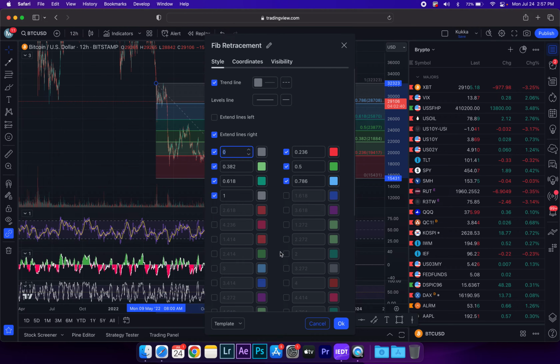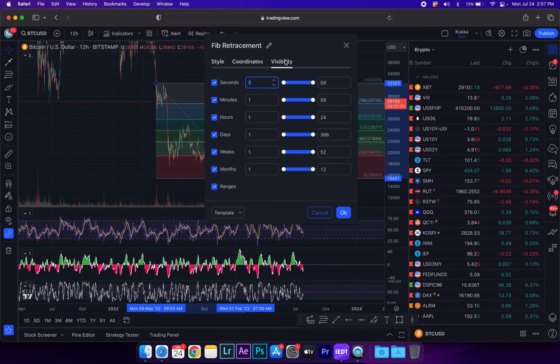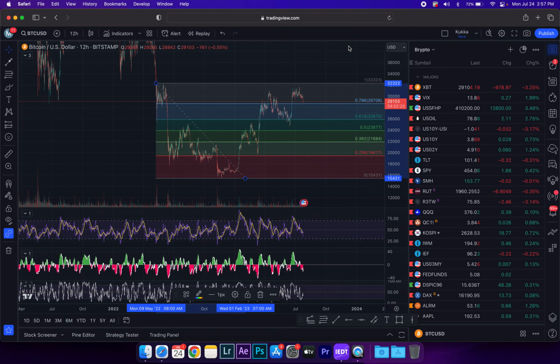I'm sure you've taken the picture for now. After that, take this one also, and then the visibility one as well. I hope you've taken the pictures of the fib retracement settings.